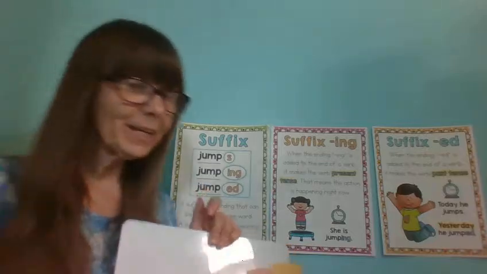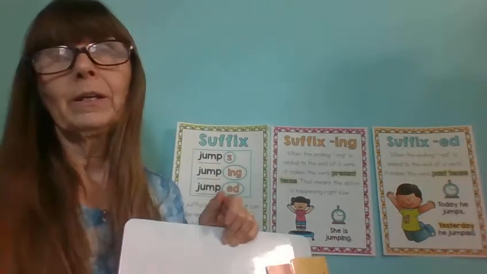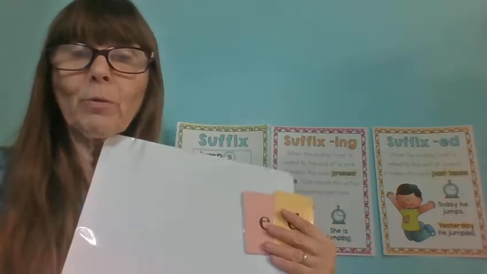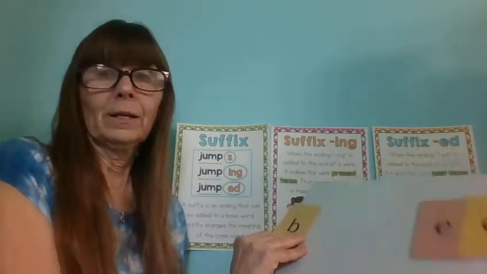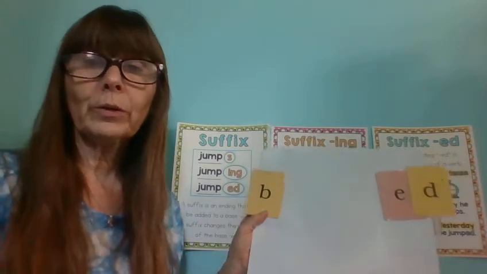Oh, and I did want to mention that there are a lot of extra rules when you're adding ed to the end of a word, because sometimes you have to change the word.